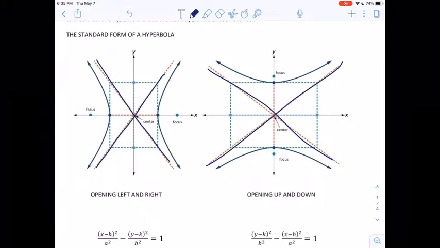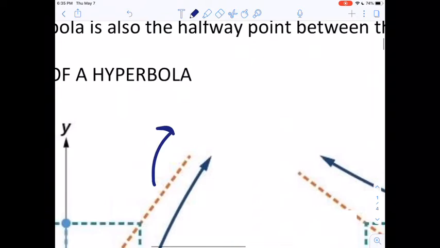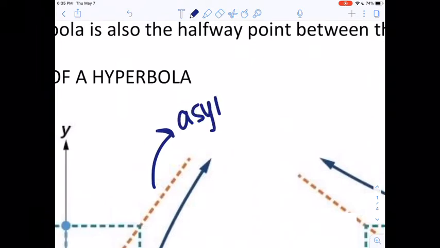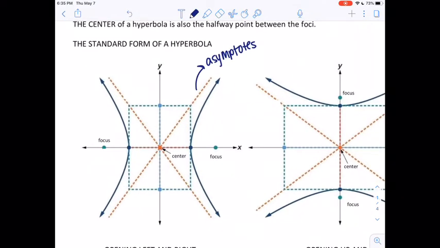Those are called asymptotes. Okay, let's actually label those. And asymptotes kind of act as a guide for your graph. So your graph is going to go along the asymptote, okay, but it never, ever, ever crosses the asymptote. So it's just a guide for your graph to kind of see how it's going to go, but your graph is never going to cross through that asymptote.